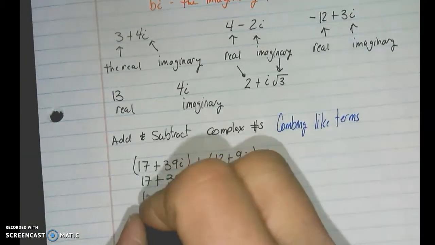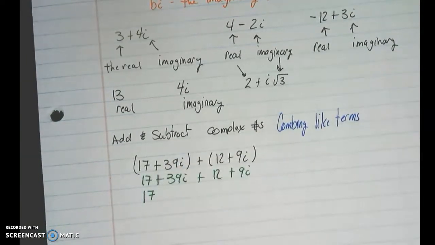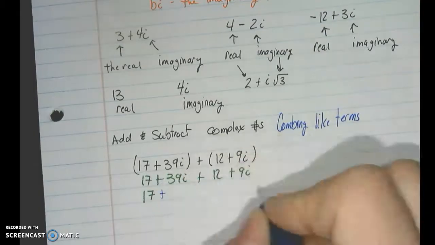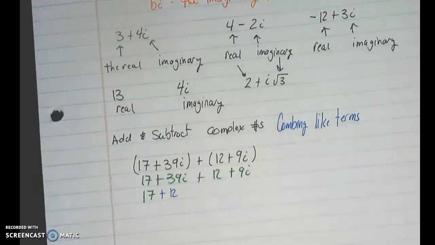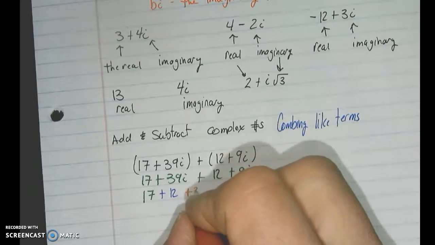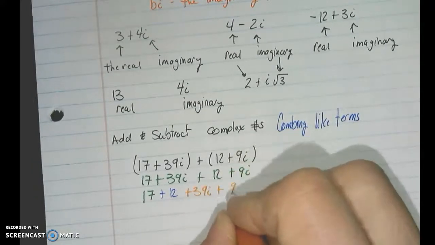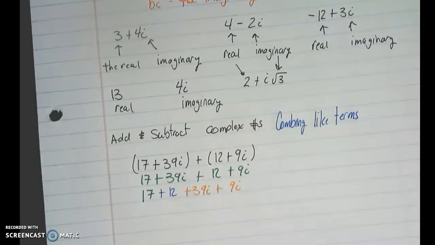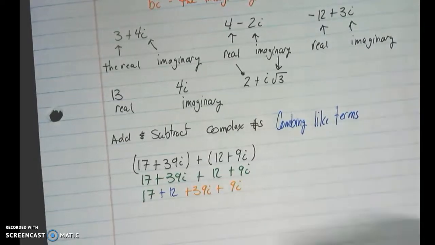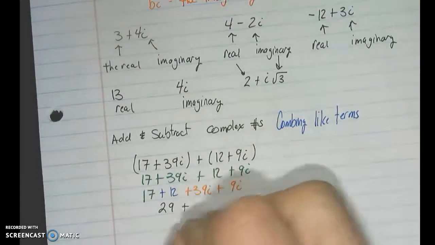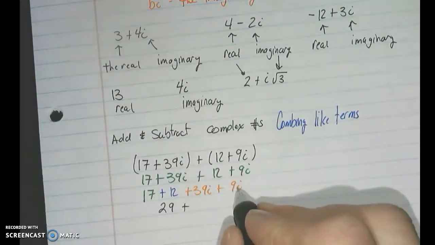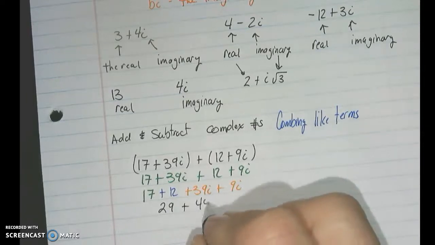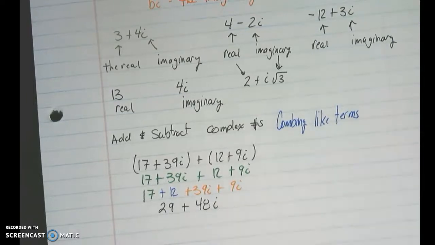So I'm going to go with 17 plus 12, and then I'm going to go plus 39i plus 9i. So I just rewrote it to put things together. So then you're going to get 17 plus 12, which is 29, plus 39i plus 9i is going to be 48i. Not i squared. We're not multiplying. We're adding. We're combining like terms.